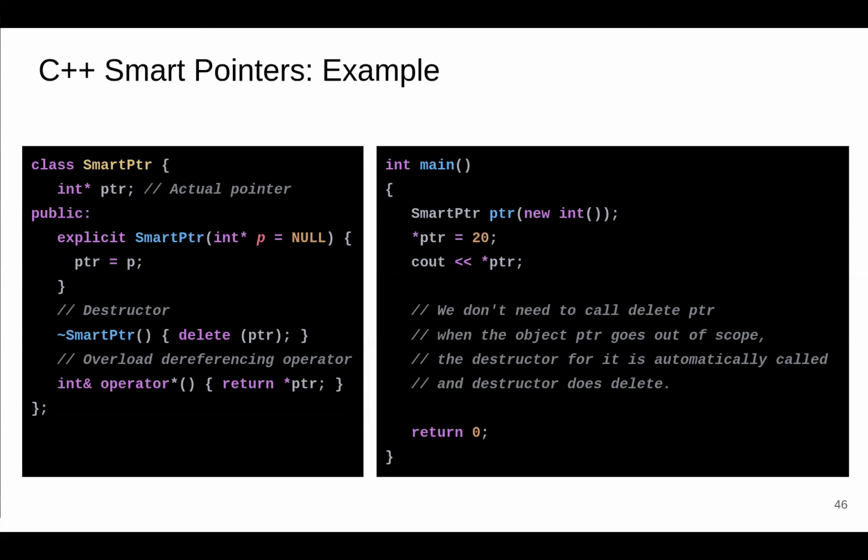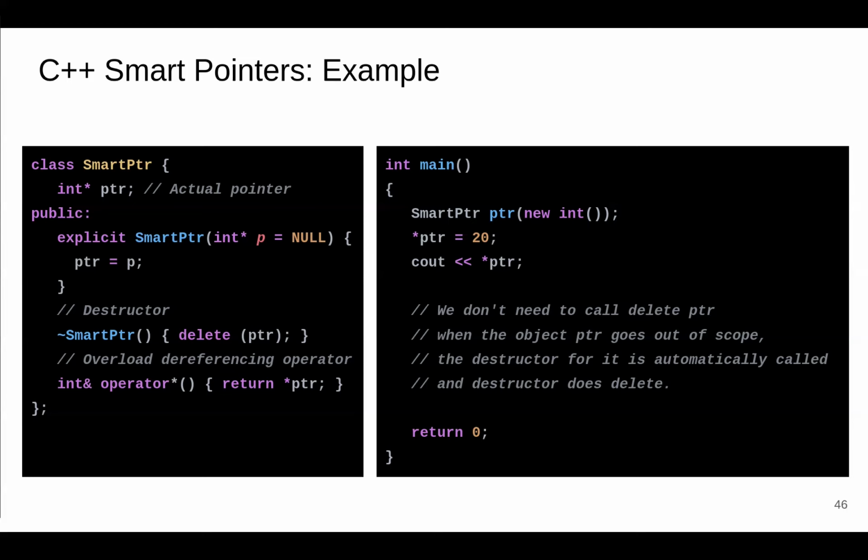There's an actual pointer in this class, and then we have an explicit smart pointer initialization where we initialize the pointer being given. So it's like a wrapper around an existing pointer. When the destructor for the smart pointer is being called, we delete the original pointer, so we free the target area when it goes out of scope. And the dereference operator is being overloaded to just return the internal boxed pointer.